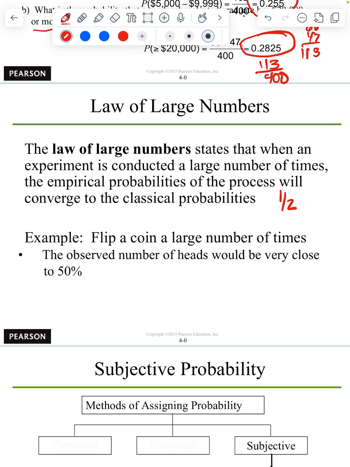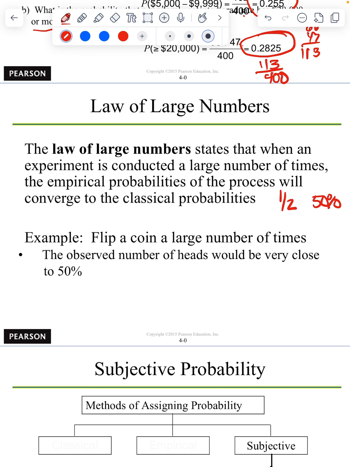possibility. You might think, well, it's 50% heads, 50% tails, but if I flip it 10 times and I count how many heads versus how many tails I have, I may get 7 heads and only 3 tails. But what the law of large numbers states is that the more you conduct the experiment, the more likely it's going to converge to classical probability.